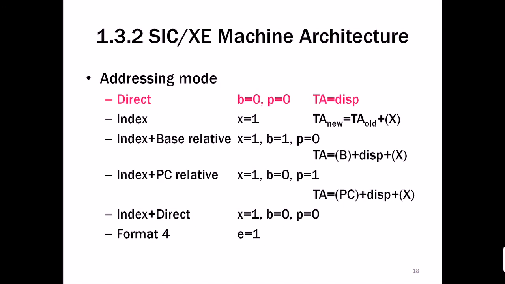Next, index plus PC relative, when x equals 1, b equals 0 and p equals 1. The target address is calculated as PC plus displacement plus the index value. Now index plus direct, when x equals 1, b equals 0, p equals 0. Then format 4 is when e equals 1.